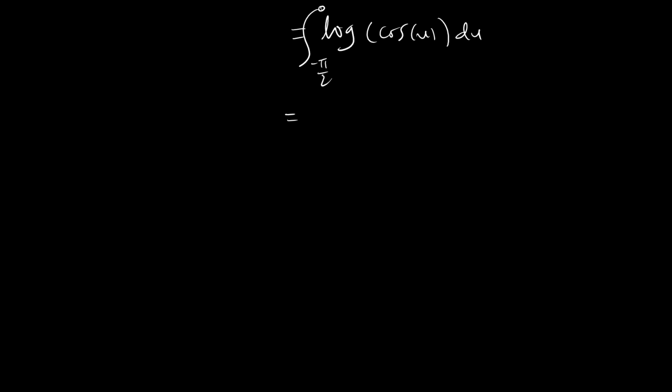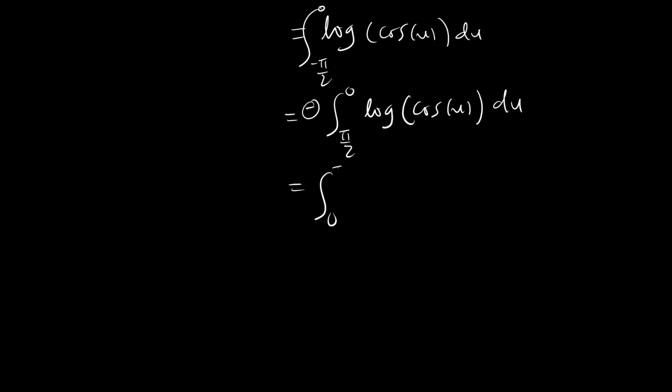So if we let u be negative, we're going to get pi over 2. du is going to be negative, so everything is going to be cosine of negative u, which is just going to be cosine u. That's the beauty of cosine. It doesn't really depend on the sign. And then this sign here allows us to flip the limits.